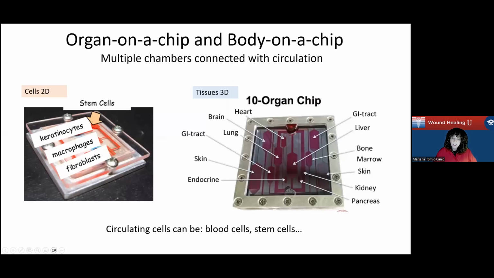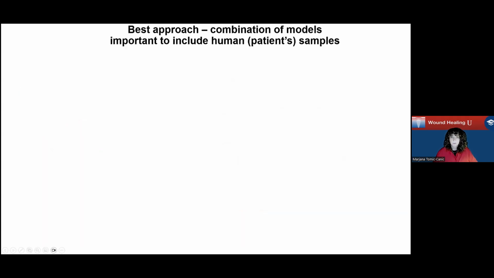And I'm just going to briefly mention, and I know Kath mentioned this in her talk, there are various models of building organ on a chip and body on a chip. Again, one can measure the responses of human cells in the context of various challenges, including wound healing, in these either two-dimensional or three-dimensional organ on a chip or body on a chip.